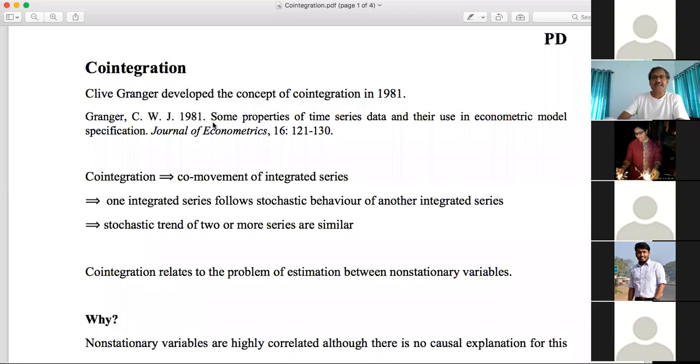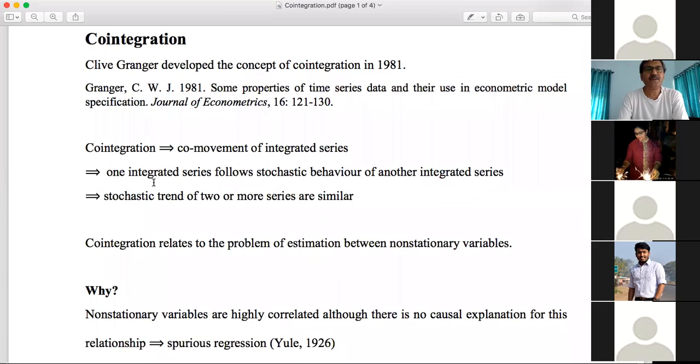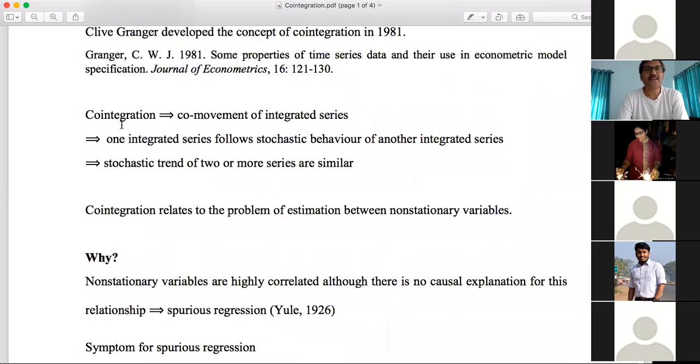Let me start with the basic concept. What do we mean by co-integration? Let me start with the concept as defined in Granger 1981. Co-integration means co-movement of integrated series.